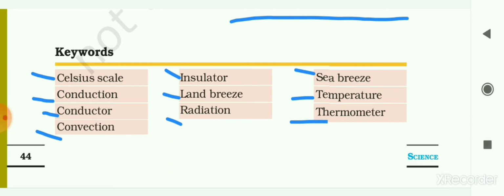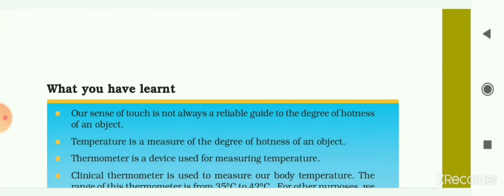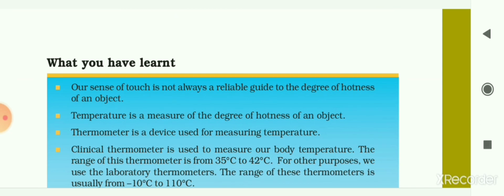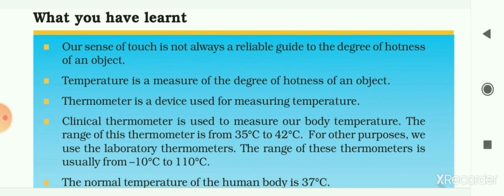Now let me see the summary of this chapter, what we have learned from this chapter. We had seen that our sense of touch is not always a reliable guide to the degree of hotness of an object. That is, to measure or to compare the temperature of two objects, our sense of touch is not always reliable.